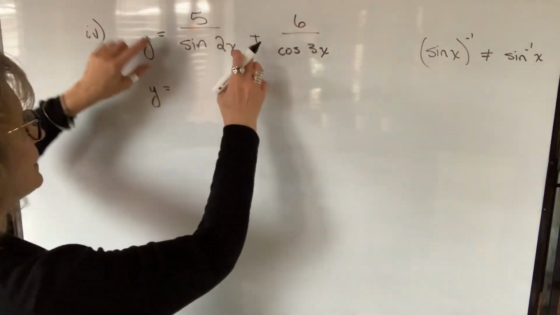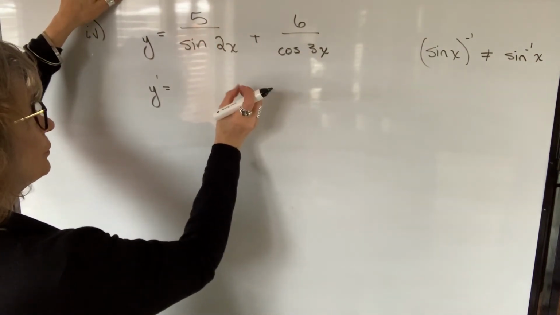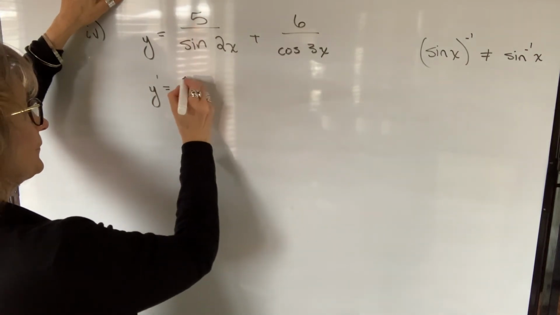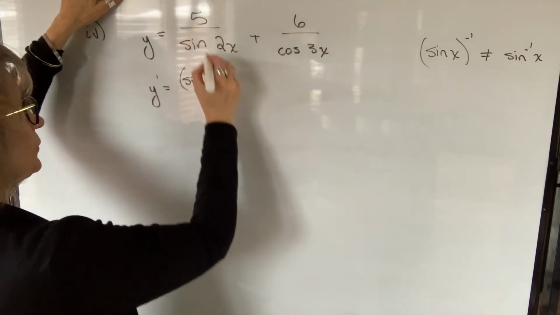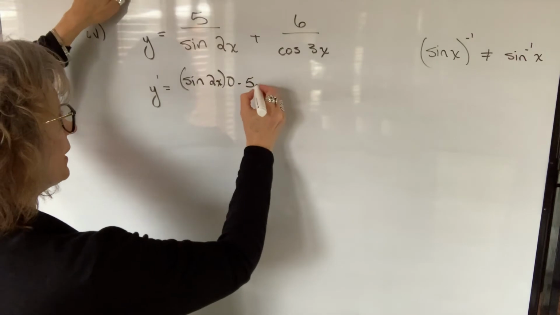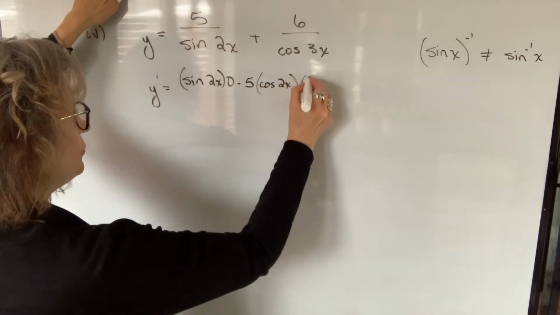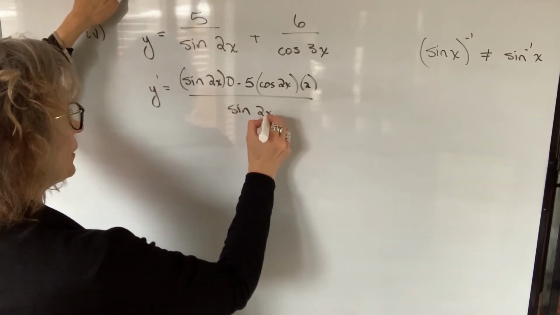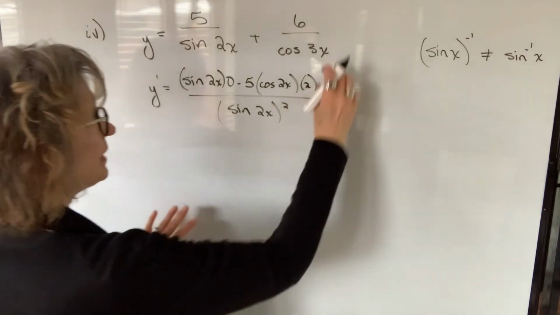So I'm going to differentiate this using the quotient rule. So the quotient rule says you take the denominator, sine of 2x, times the derivative of the numerator, which is 0, minus 5 times the derivative of sine of 2x, which is cos of 2x times 2, all over the denominator squared. I do the same thing here.